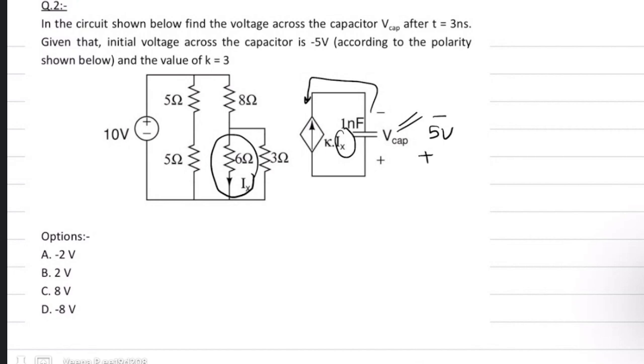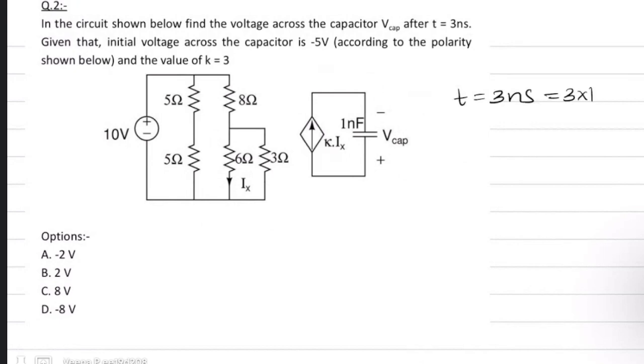Now you are asked to find the voltage across the capacitor at t equal to 3 nanoseconds. Nano means 10 raised to minus 9 seconds. So we are asked to find V cap at t equal to 3 nanoseconds.